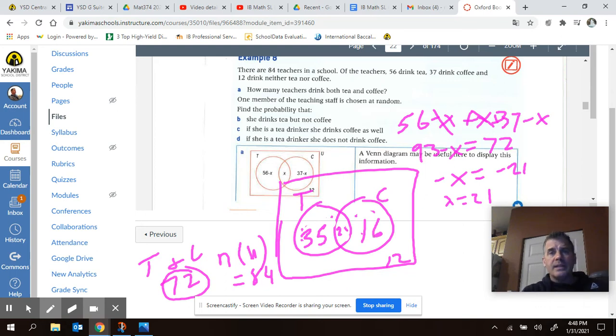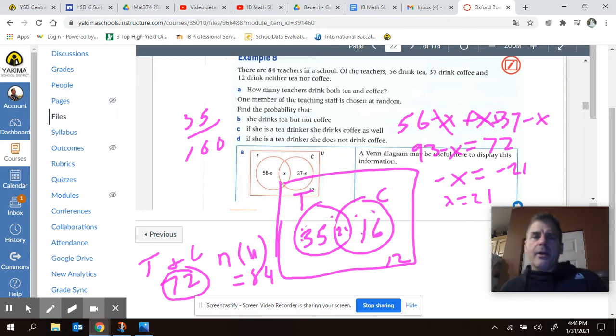All right. So now let's get to the whole thing here. Now we're asking the question, what's the probability that this random teacher drinks tea but not coffee? They drink tea but not coffee. Well, that should be pretty straightforward. There's 35 of just exclusive tea drinkers. So part B, we haven't even gotten to the conditional part of the questions, should be 35 out of 100.